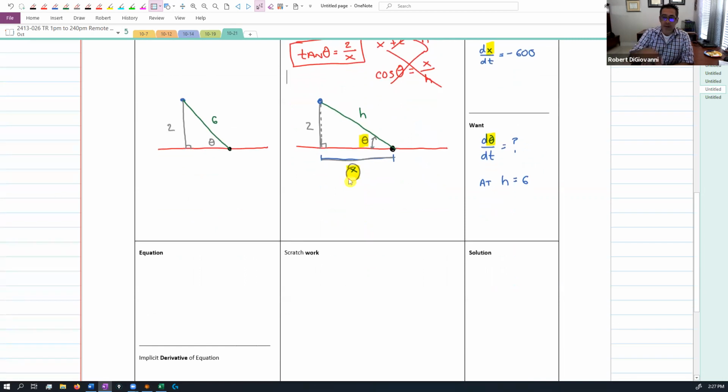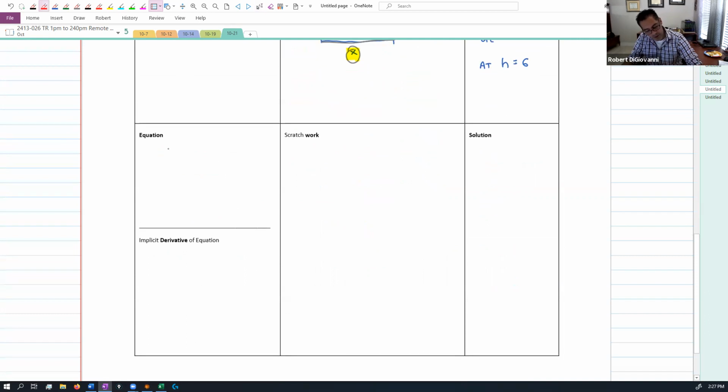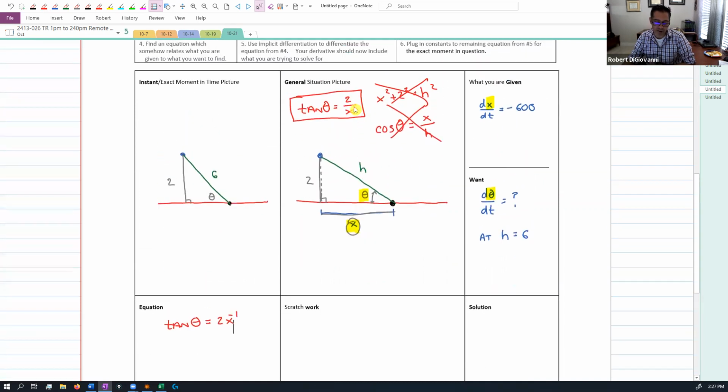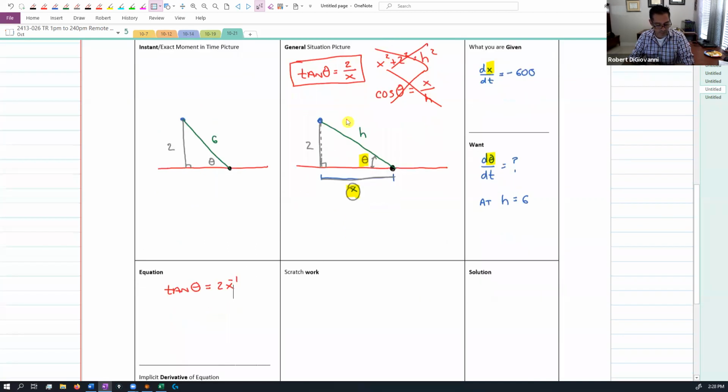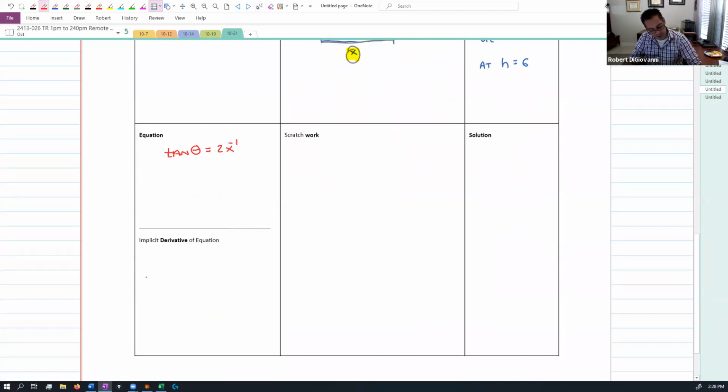Now, I realize some people may have drawn this a different way. So after I finish this, I'm going to ask someone to tell me how they drew it, and then we'll do the whole thing again, and we'll see if we get the same thing. So I'm going to go, equation is tangent theta equals, I'm going to write it 2x to the -1 instead of 2 over x, because I'm just setting myself up for the differentiation. Here comes the derivative.